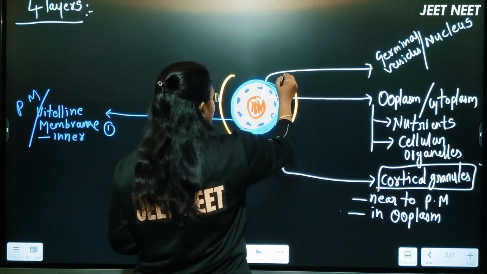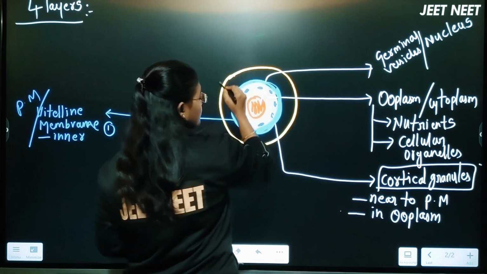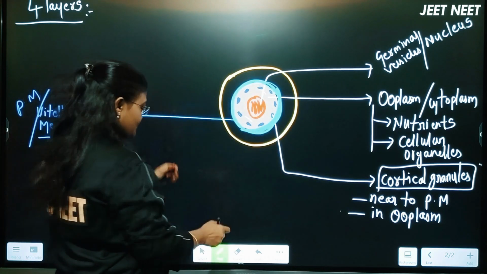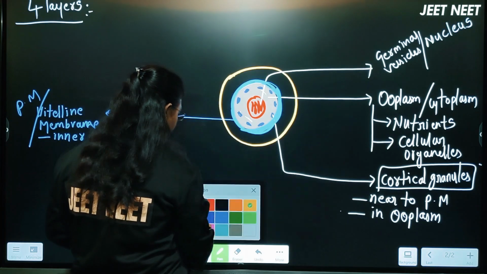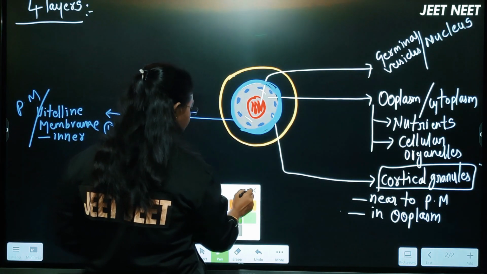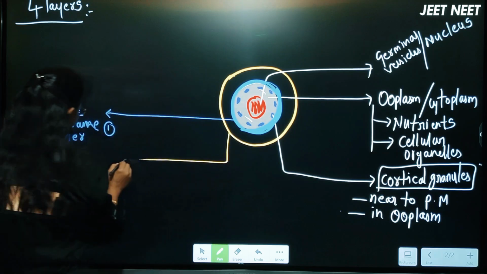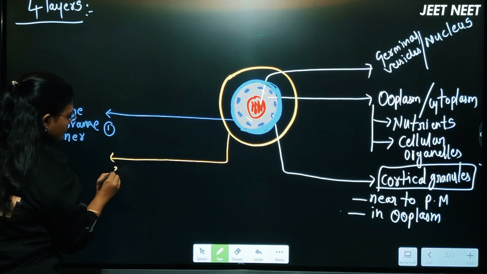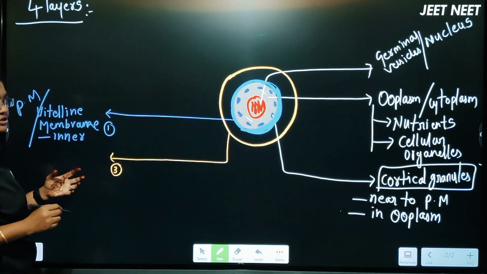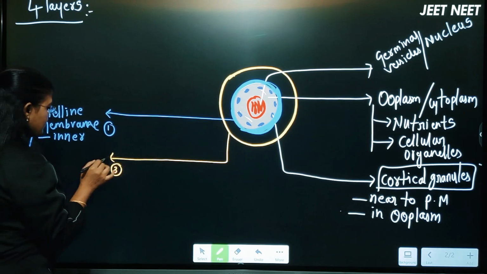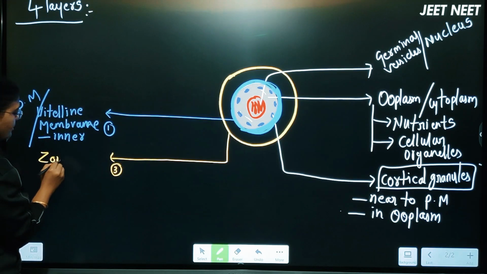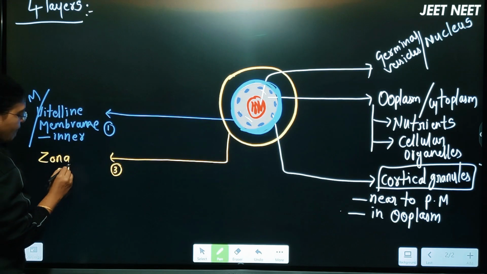Let me try to draw this correctly. There will be a little defect, right? So this membrane name we are calling the zona pellucida, right? This membrane which is a third membrane, ma'am it's a second membrane, no beta, it's the third membrane, I'll discuss here, right? This is called the zona pellucida.